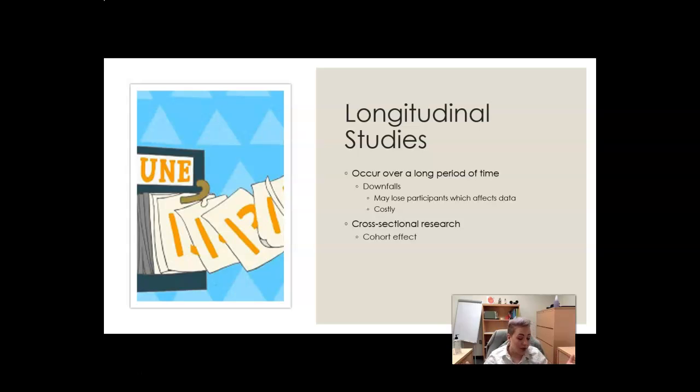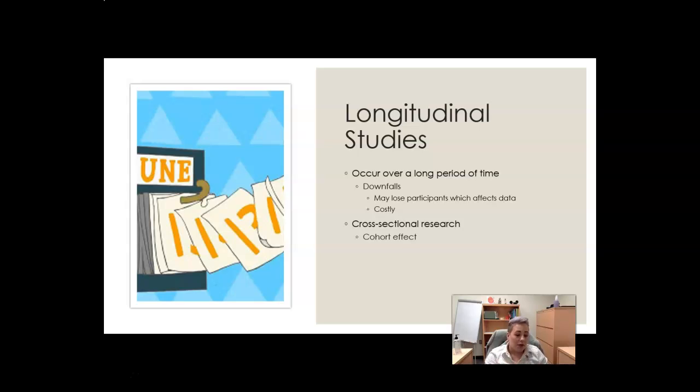Well, I don't have the money, so how about I just view 15 to 18-year-olds, 18 to 21-year-olds, 21 to 24-year-olds, and I'll just sample those cross-sections within this timeline. That's cross-sectional research. I'm taking smaller subsections because I still want to paint that timeline, but I'm doing it in an efficient manner. I can get it all done in an efficient way.